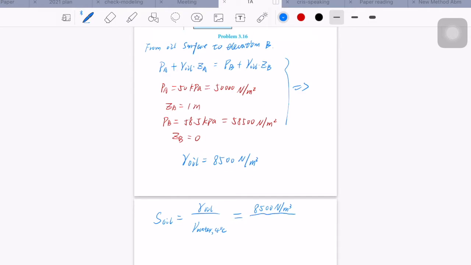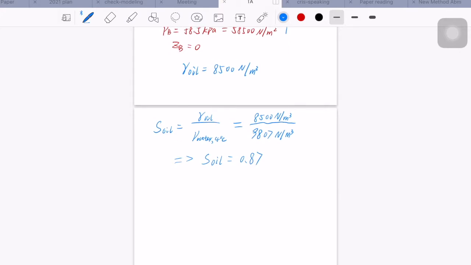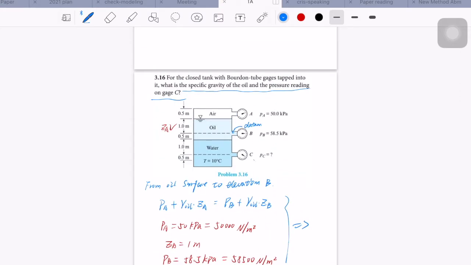And we can determine the gamma water at 4 degrees Celsius on the appendix tables of your textbook. So this value is 9,807 Newton per cubic meter. So we can know the specific gravity of oil should be equal to 0.87. And to determine the pressure rating on gauge C, we still need to apply the hydrostatic equations in water.